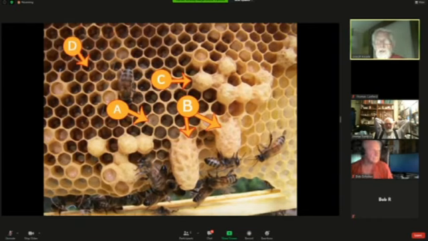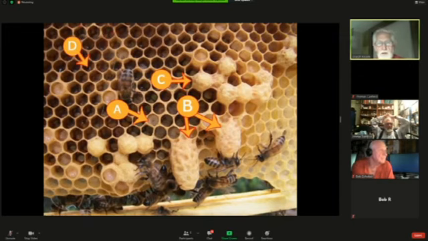Well, here you see the result of a fertilized egg being fed the royal jelly. So letter B refers to the queen cells of developing queens that were fed the royal jelly. C are the drones, the males, the drone cells. They're larger than the regular size cell. Those are unfertilized eggs. We'll get to that.